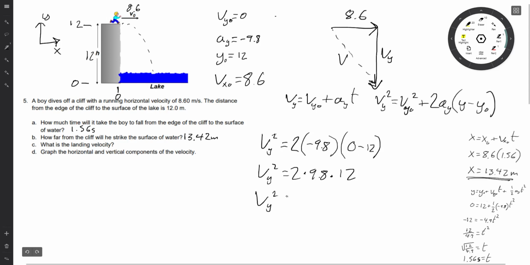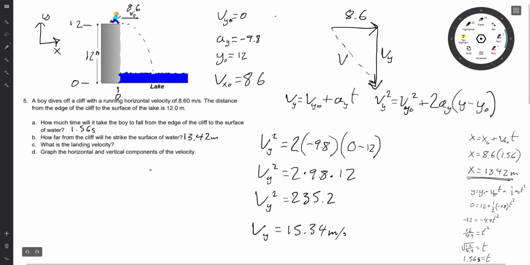So Vy squared equals 235.2, and if we square root that, Vy ends up being equal to 15.34 to 2 decimal places. And that's about it. So that's our velocity, in meters per second. That's our vertical velocity here.